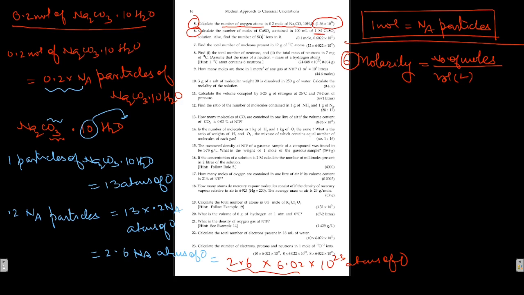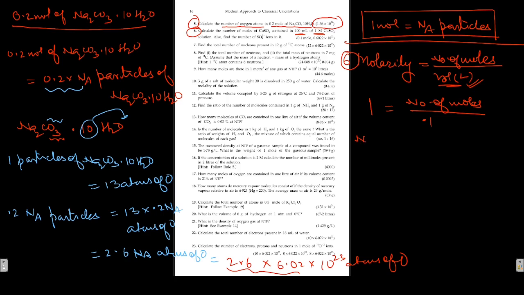Here molarity is given as 1, number of moles upon its volume, and the volume is given as 100 ml. 100 ml means 1 liter, because we have to take it in terms of liters.